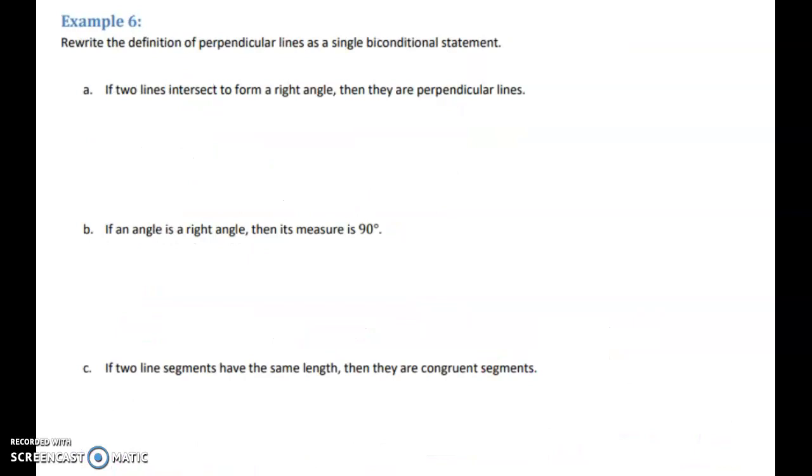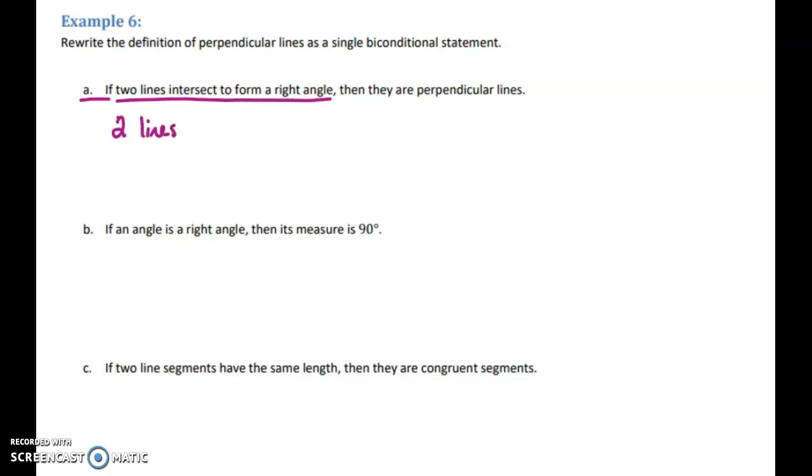Okay, let's go ahead and look at example 6. Example 6 says, rewrite the definition of perpendicular lines as a single biconditional statement. So the definition of perpendicular lines is right here. If two lines intersect to form a right angle, then they are perpendicular lines. So what I can say as a biconditional is, our hypothesis was two lines intersect to form a right angle.